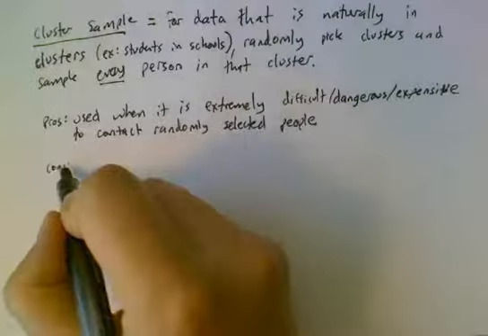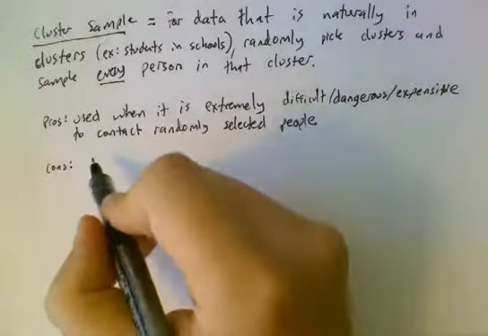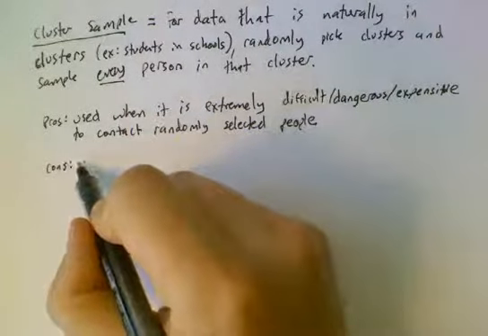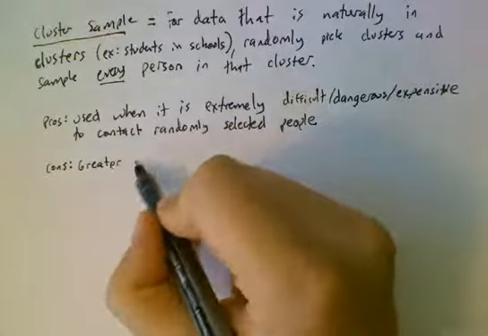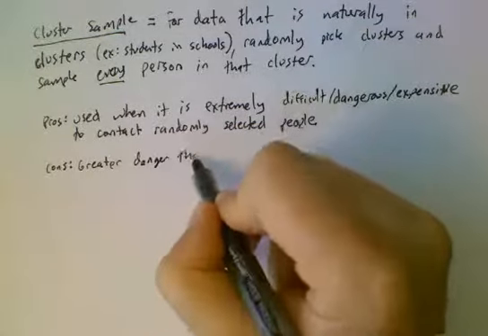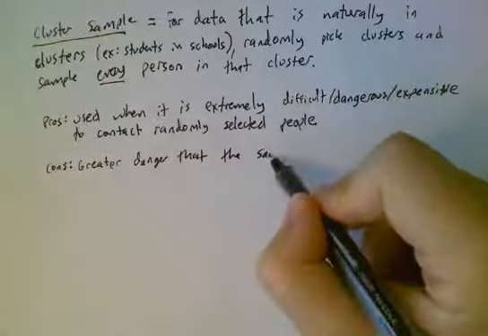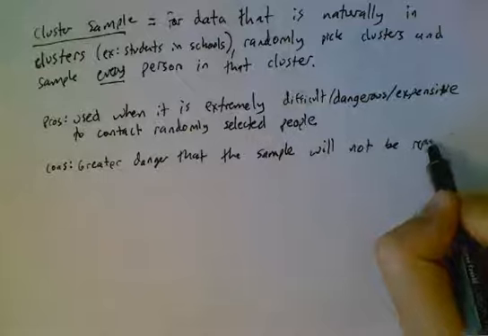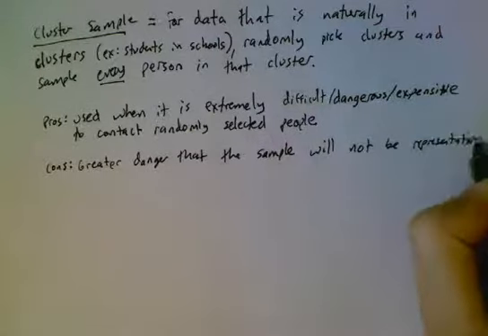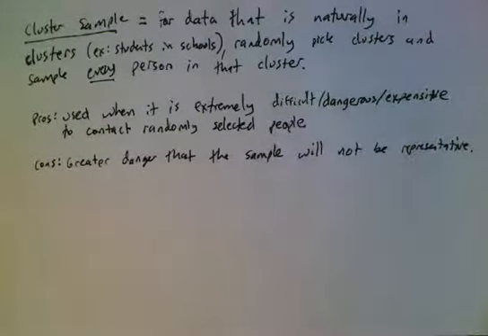On the downside, there's a greater danger that the sample will not be representative. This was a critique of the Iraq study that I told you about, which is, well, maybe they just happened to get some cities that had been really hard hit, and maybe if they'd gotten other cities, it would have been totally fine.